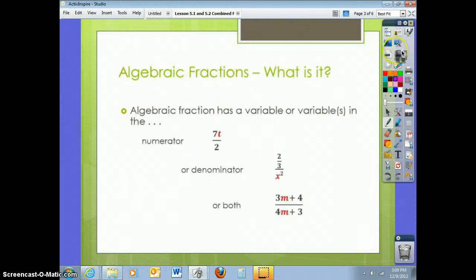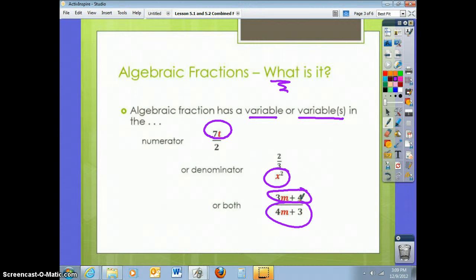And let's talk about the concept. Okay, so algebraic fractions. First of all, what is an algebraic fraction? An algebraic fraction is any fraction that has a variable or variables in either the numerator, the denominator, or the numerator and the denominator.